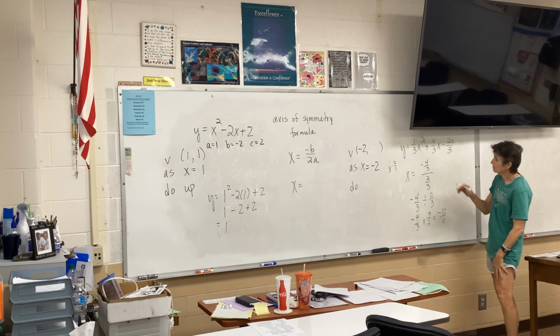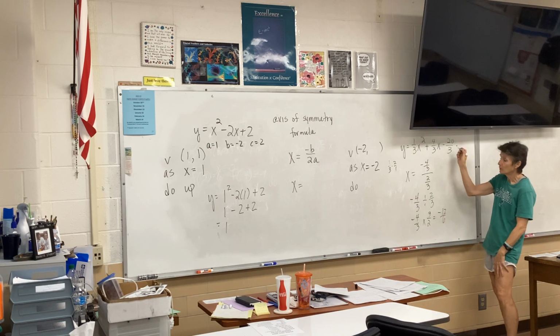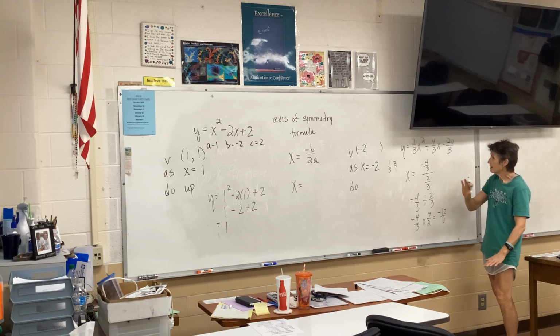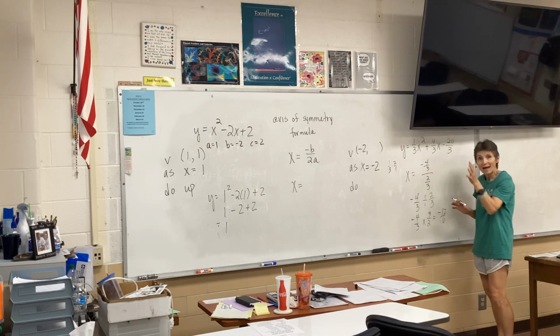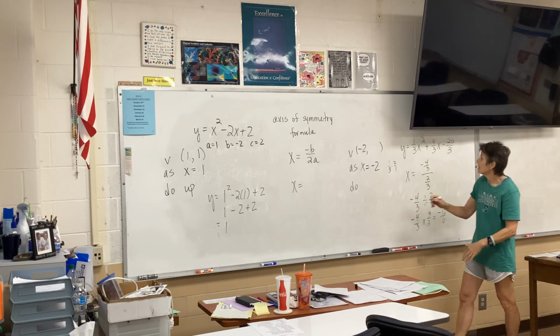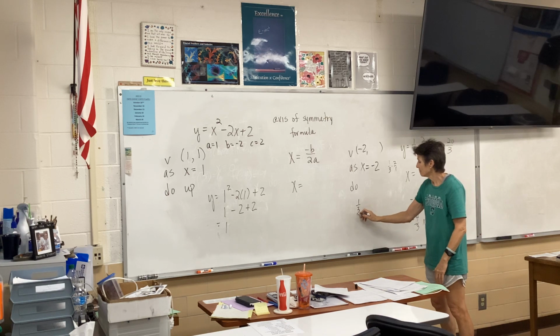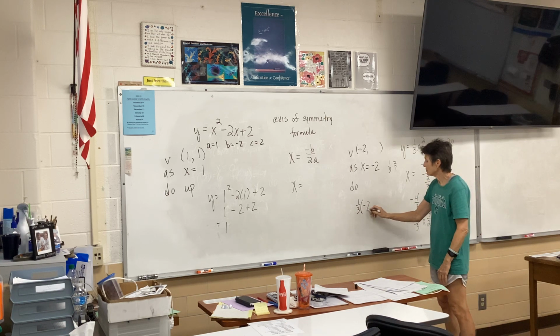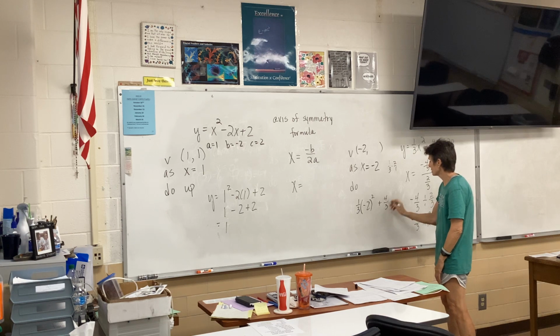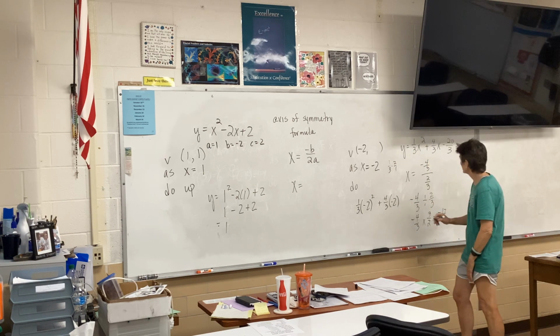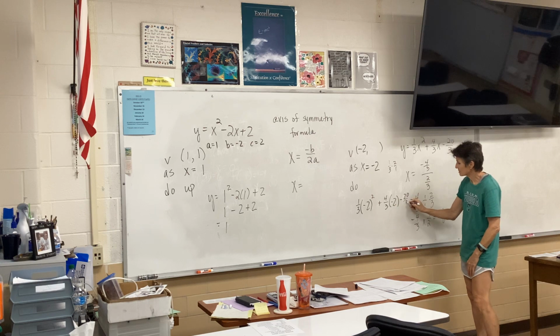And now I'm gonna have to plug in -2 into my problem. I am not freaking out though, because they have a common denominator, so adding them up is going to be easy. So I have 1/3 times -2 squared plus 4/3 times -2 minus 20/3.